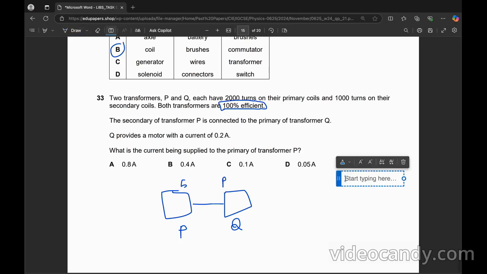We will firstly think about the relationship between the number of turns and the current. But there isn't a direct one that we've learned here. But we've learned about the number of turns and the voltage. And what it says is that NP divided by NS is equal to VP divided by VS. Now we'll think about power as well.